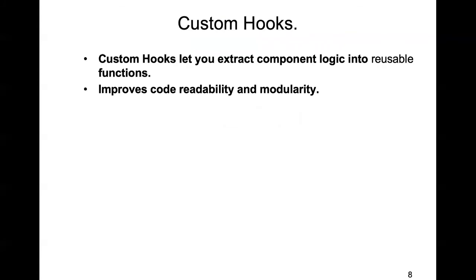The most common use case for custom hooks, although it's not the only one, is where you can extract some state management related logic from a component, into its own hook or its own function. And there are two benefits to that, really.